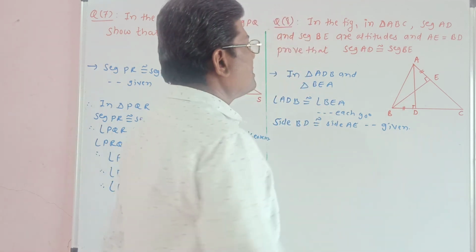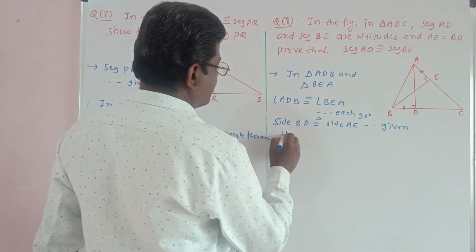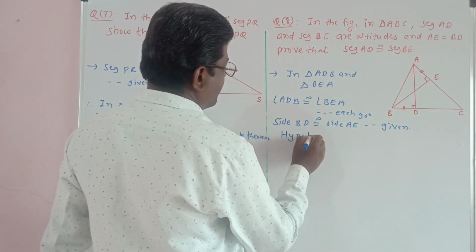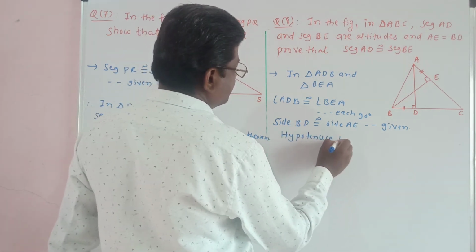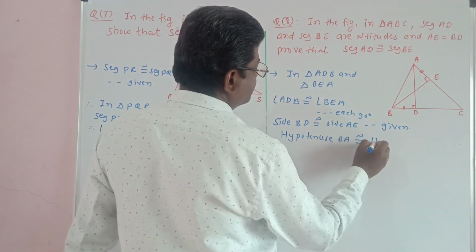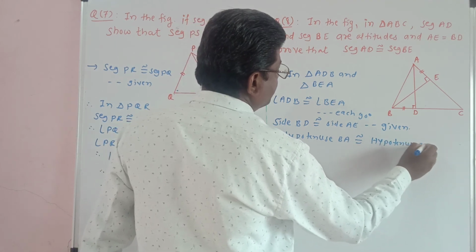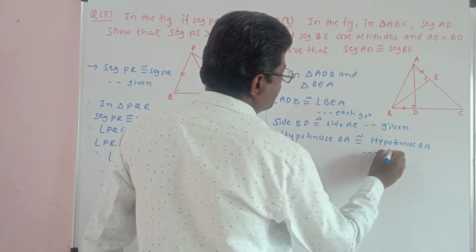BA is the hypotenuse for both the triangles, so we write hypotenuse BA congruent hypotenuse BA, this is a common side.